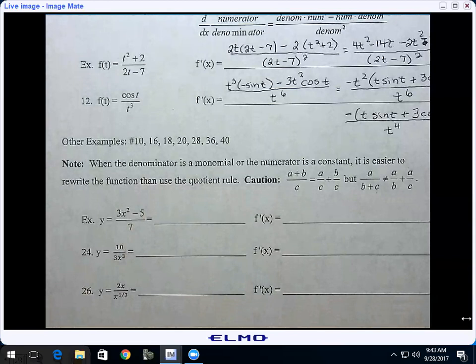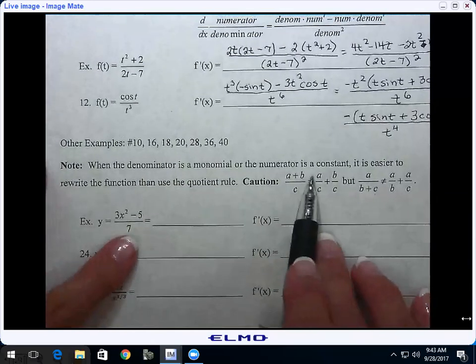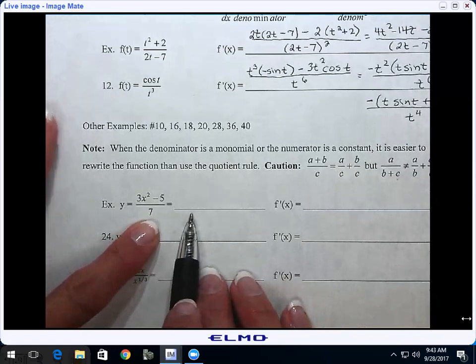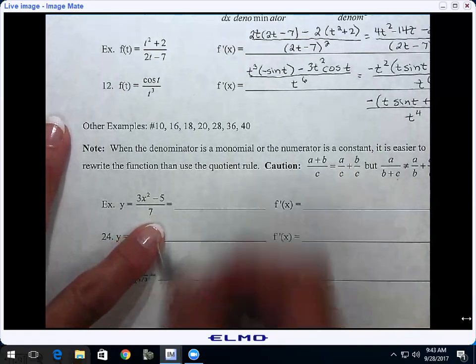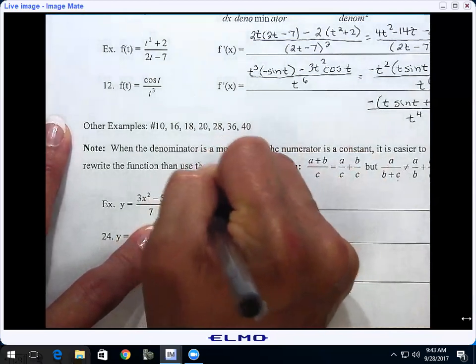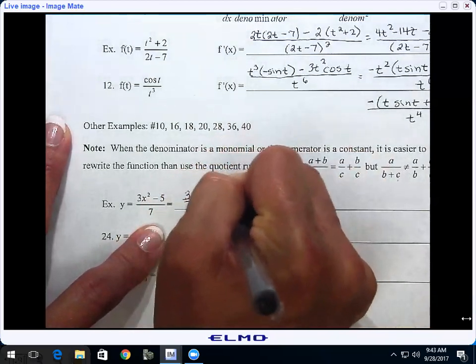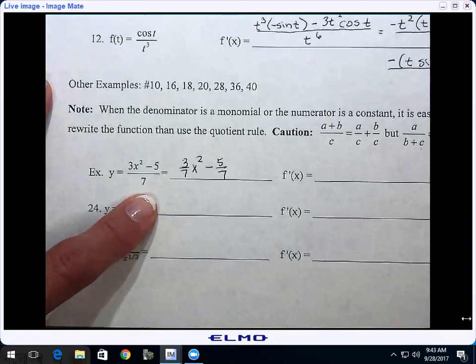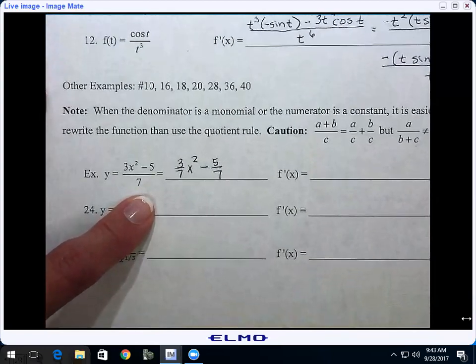First example, the denominator is a constant. How could I rewrite that and not have to use the quotient rule? That's just 3/7 x squared minus 5/7.